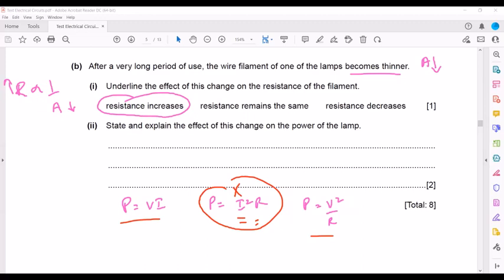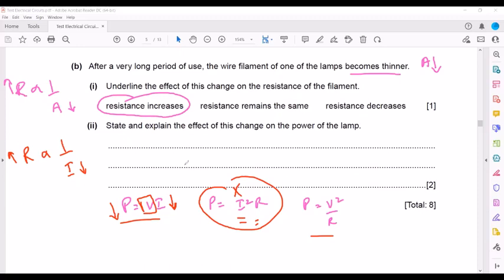As you can see, as the filament becomes thinner, the area decreases, so resistance increases. What is the relation between resistance and current? They are inverse. If resistance is high, the current will be low, because with greater resistance the charges cannot move easily. Because the lamps are all in parallel, they receive the same voltage. So the current decreases, so the power will also decrease.